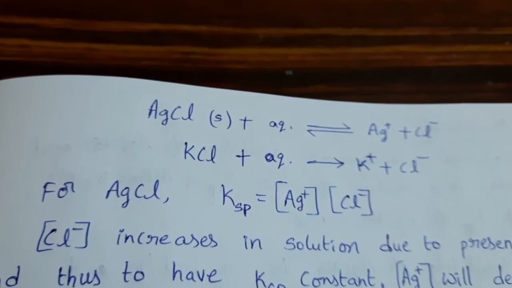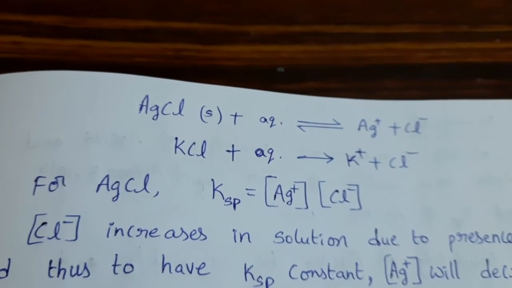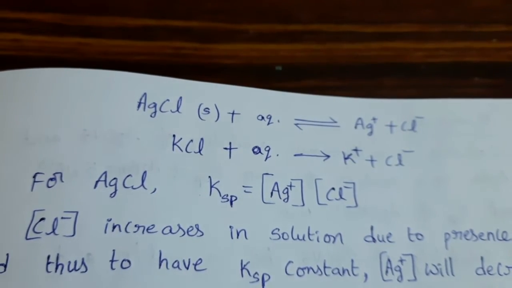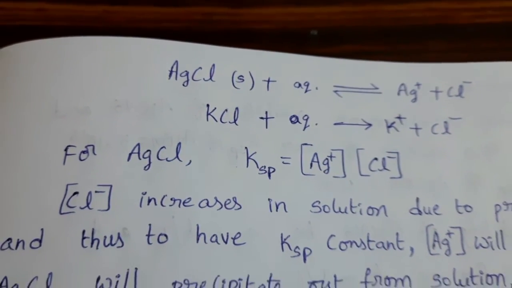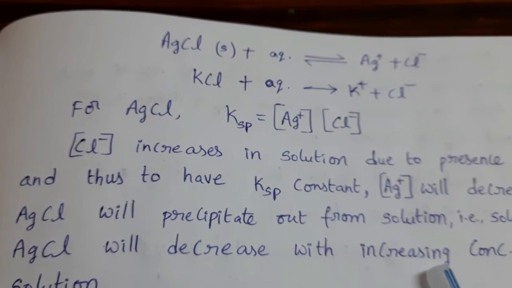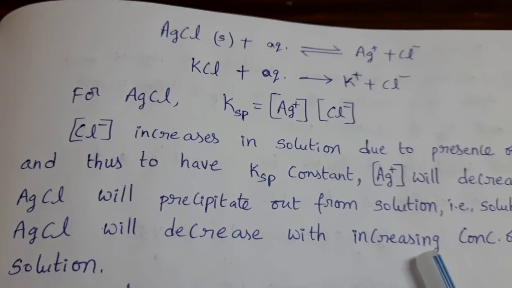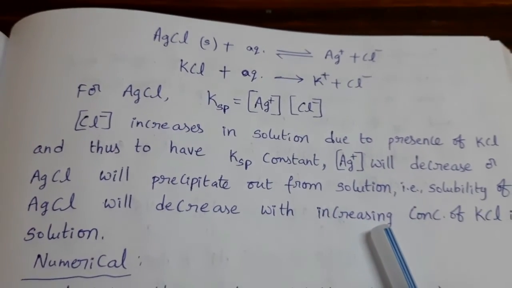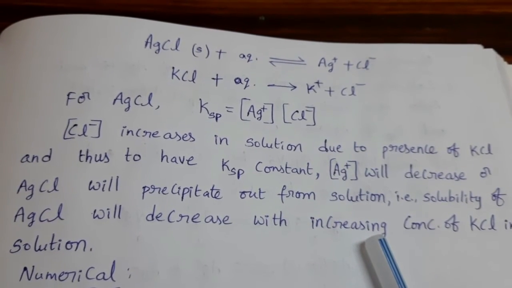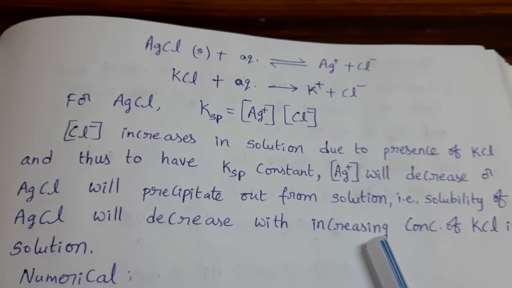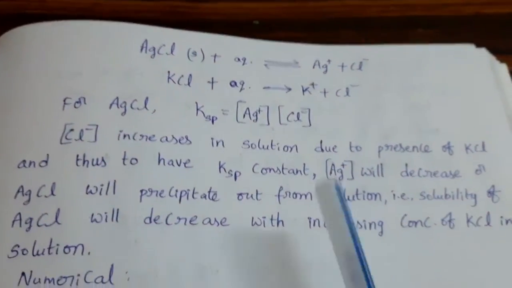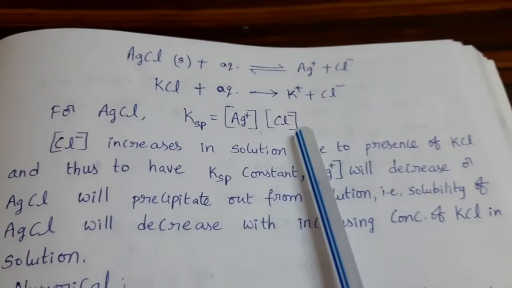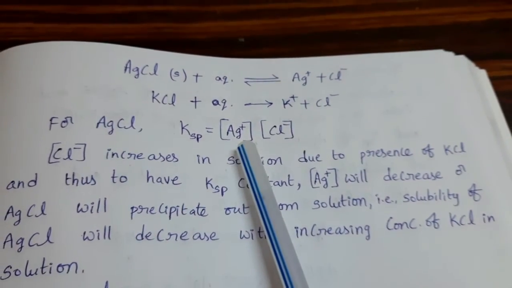See this, for AgCl, solubility product constant Ksp equals concentration of Ag+ into Cl-. Here Cl- ion concentration increases in solution due to the presence of KCl, and thus to keep Ksp constant, Ag+ will decrease. Ksp is a constant value. This concentration increases means this concentration is decreased.